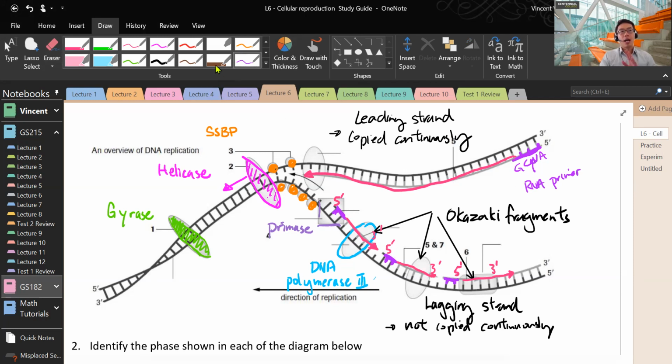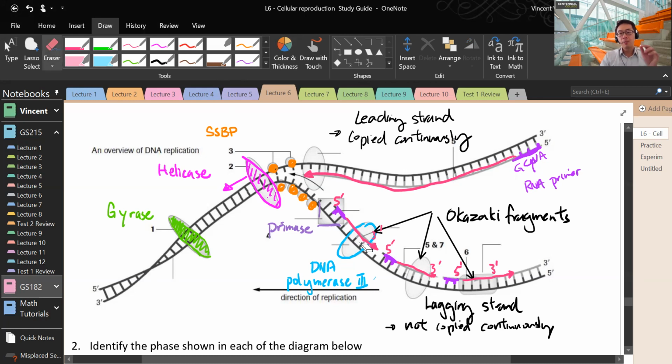What happens is this: the DNA polymerase 3 will continue to build the strand. It will start where the primer is, because the primase kind of prompts it to do that, and then it will continue to build. As it's building the strand, eventually it is going to reach the primer that was laid down by another primase.